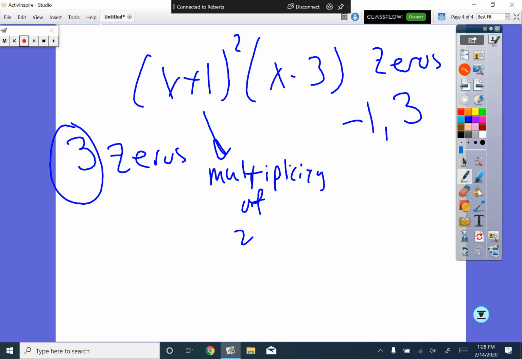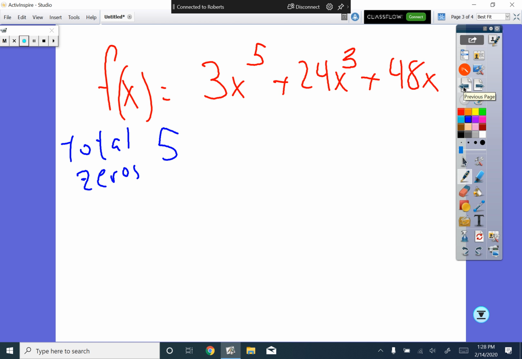I should have 3 of them. Okay, I should have 3, but I only have 2. Why does that happen? Because -1 is a multiplicity of 2, isn't he? So there's 2 of them happening right there. Does that make sense to everybody? Okay. So with that being said, we should have a total of 5 zeros.